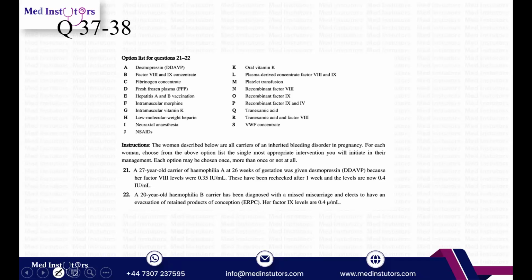We wouldn't give it because it's already not responding, and as a matter of fact, it has only increased from 0.35 to 0.4. We want her values to be at least 0.5, right? So here the answer is you give factor 8. So the correct answer is N. Next question, guys.